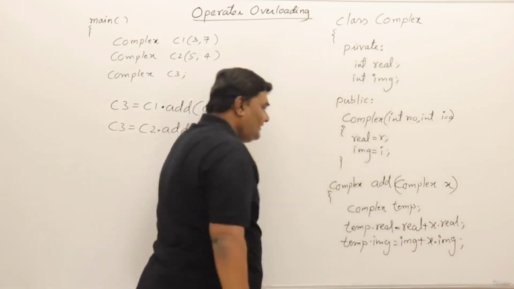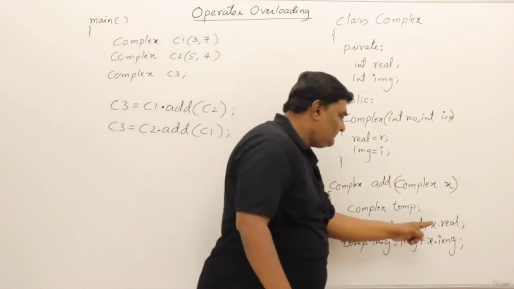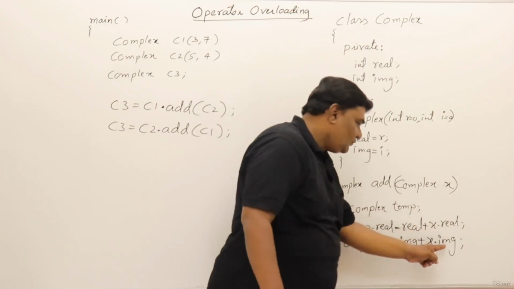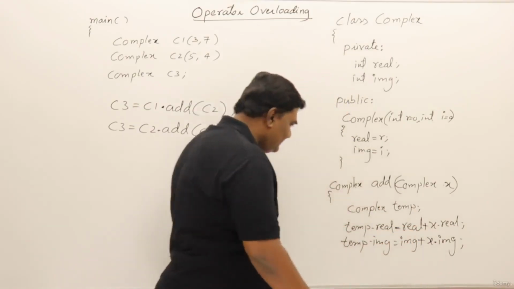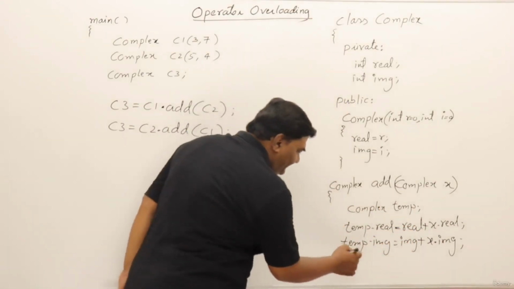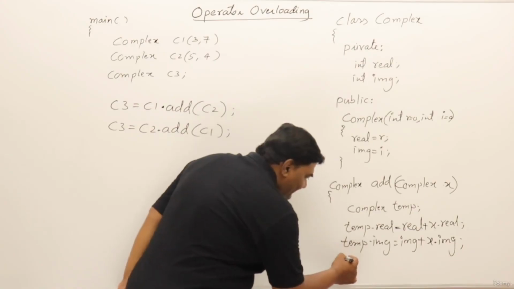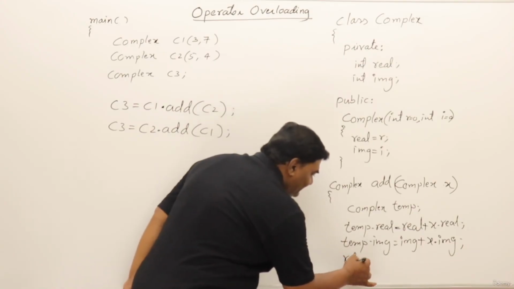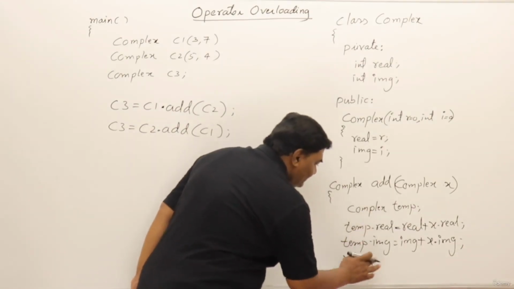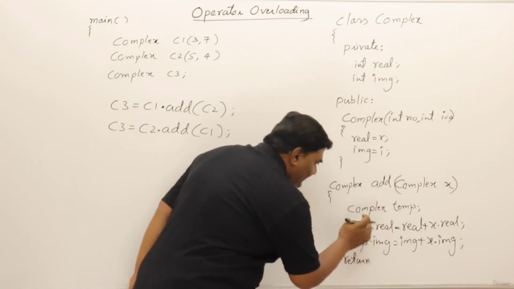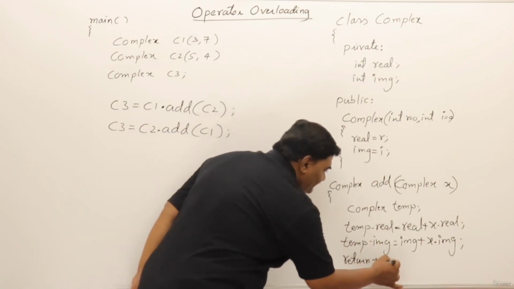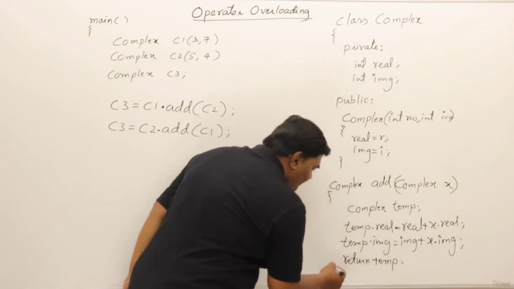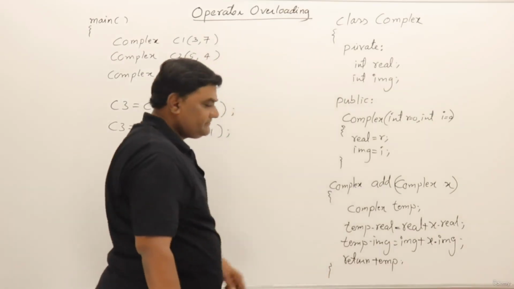Here two real parts are added and two imaginary parts are added, and the result is stored in the temporary variable. Then the result is returned, temp. That's all. This is a function.